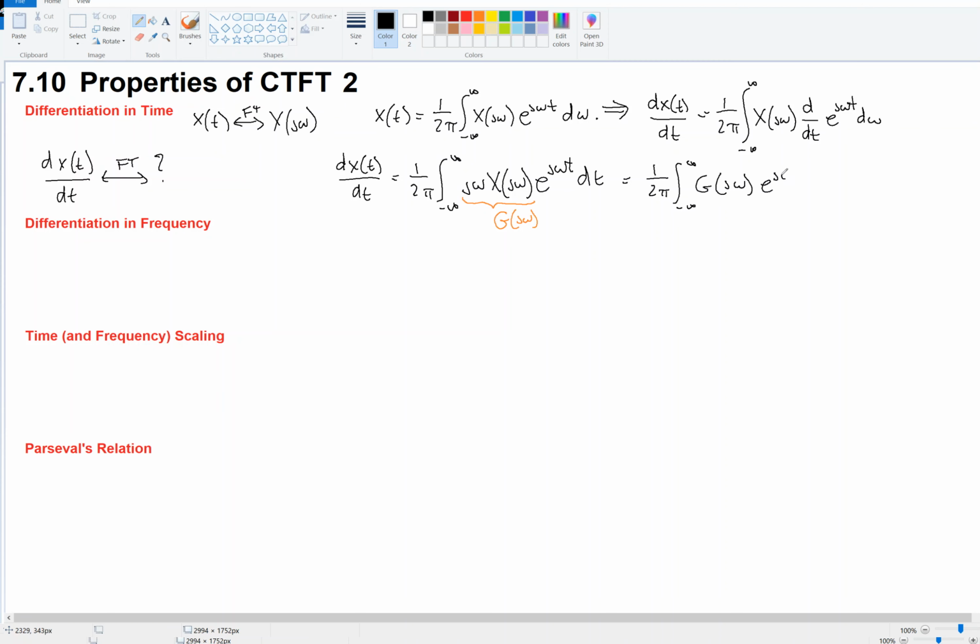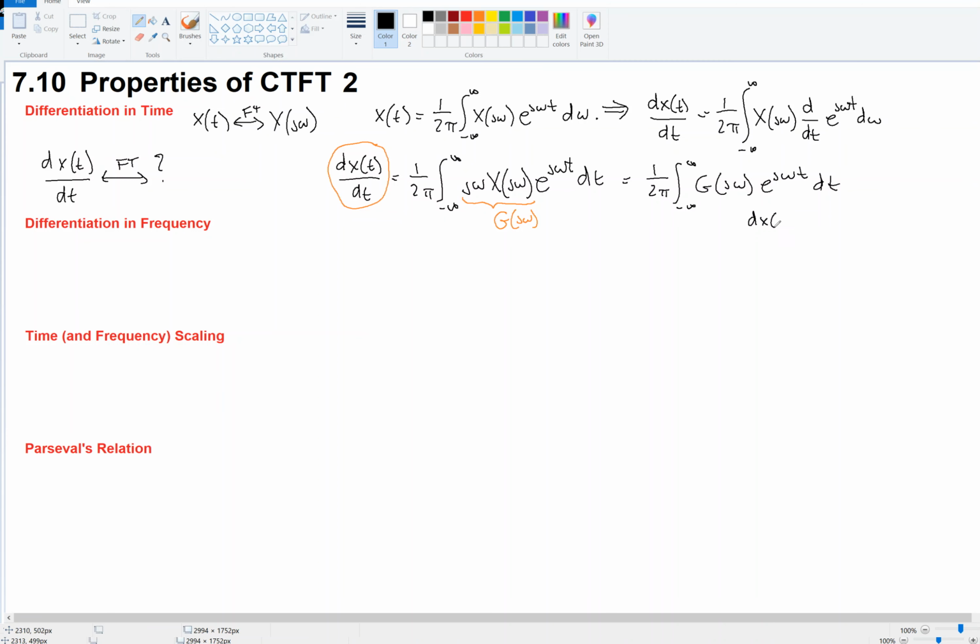So now what I've got is this, and you compare this to the synthesis equation. This looks like the synthesis equation, right? So we conclude that the derivative of x has Fourier transform g, which is j omega times the original Fourier transform.